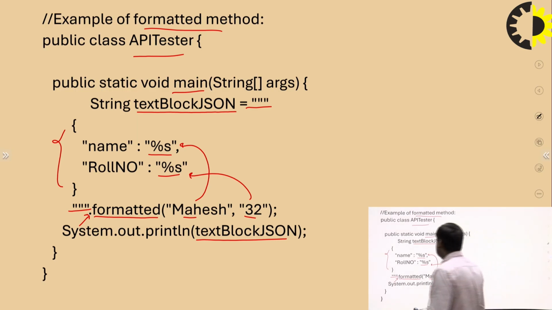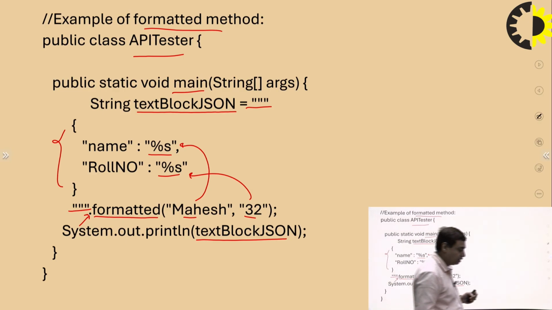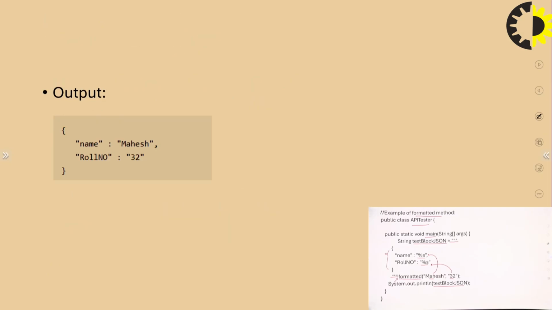Whatever you write within these three double quotes will be the data as it is, in the same format, where the space is there, where the new line is there, where the double quotes are, these values will be assigned as a pair value. So it is very easy to write the pair value with the help of text blocks.